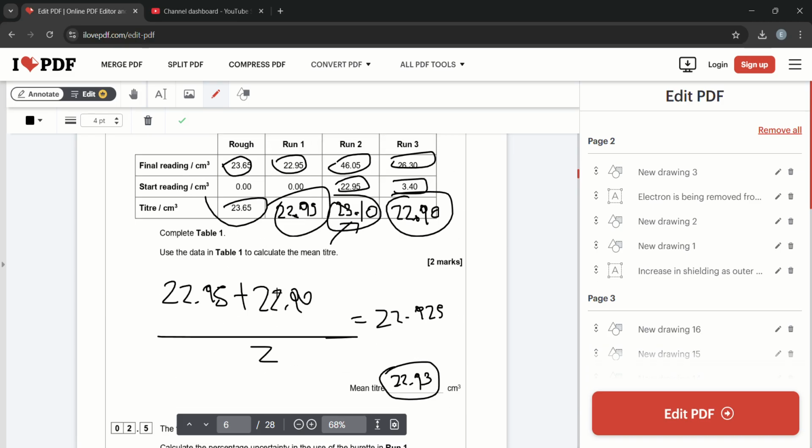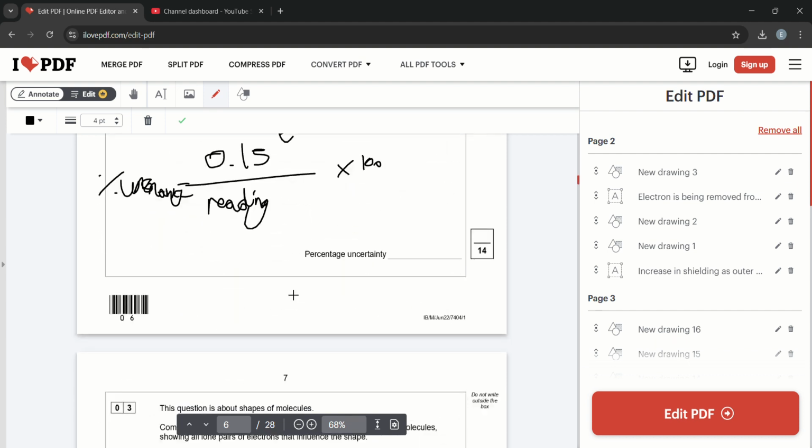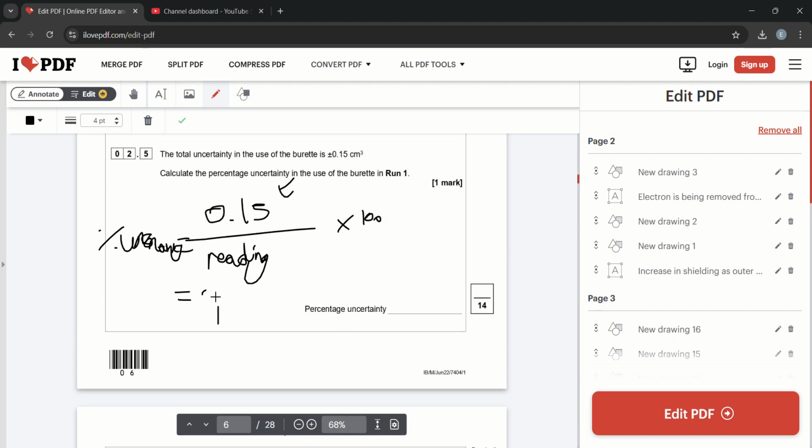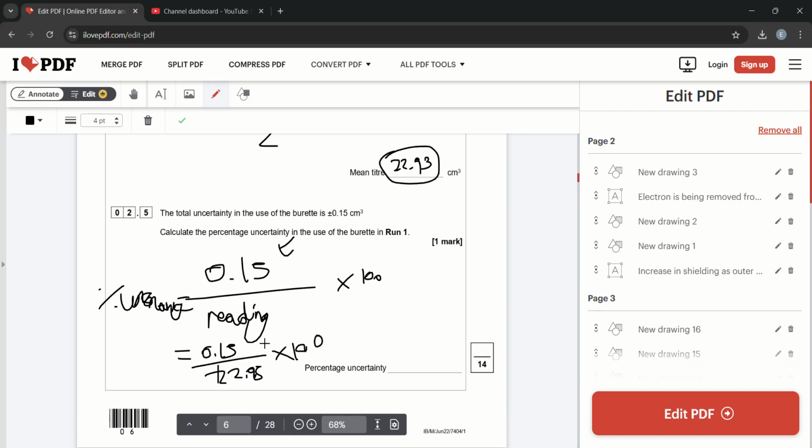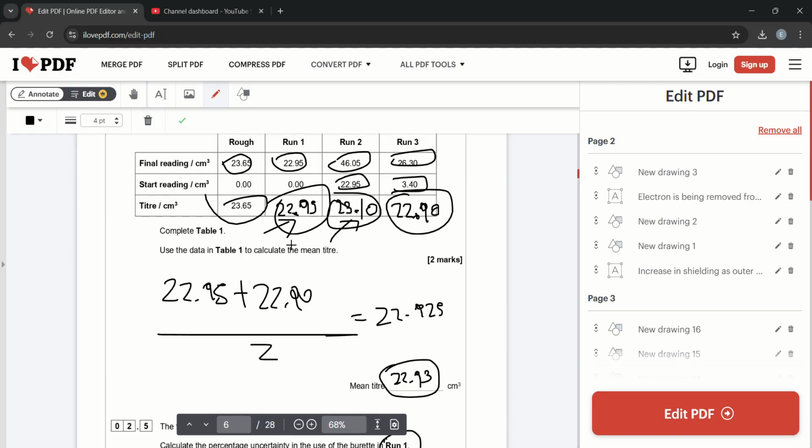In run 1, the titre was 22.95, so it's going to be 0.15 over 22.95 times by 100. Do we times by anything, like 0.15 times by 2? No, because we're only finding the percentage uncertainty from one value, run 1.